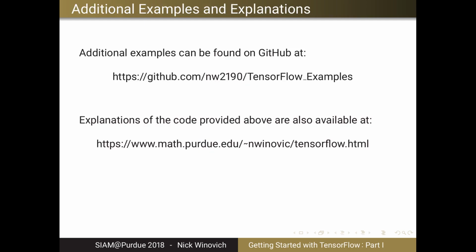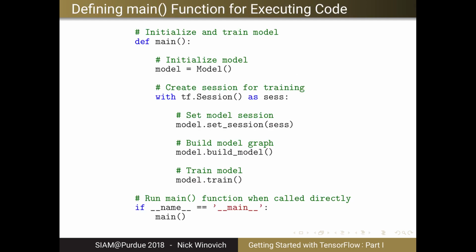And so I think for the most part, that is all I wanted to say for the first half of this talk. Here's just an example of putting that all together. I think it should be relatively straightforward. I guess the one last key is that we can use this kind of fancy ending. If the name of the current program is main, then it calls the main program.